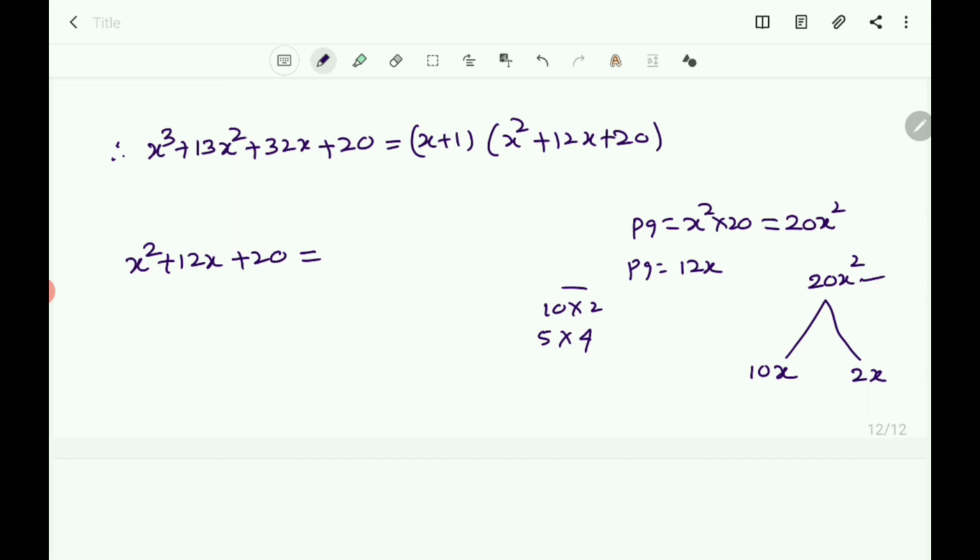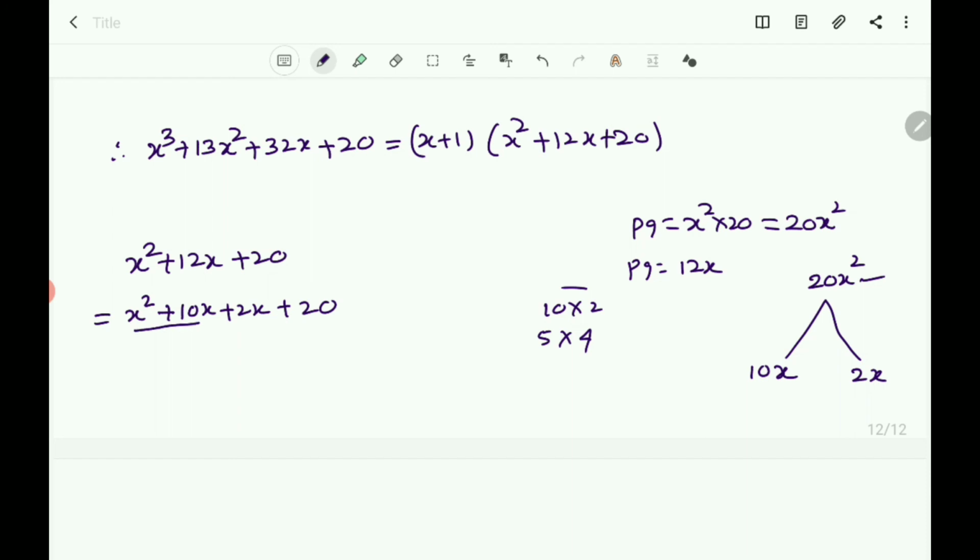So you write that is equal to x square + 12x + 20, where 12x can be written as 10x + 2x, so x square + 10x + 2x + 20. The middle term 12x is written as 10x and 2x. 10 twos are 20, 10 plus 2 is 12. Here the product is positive and the sum is also positive, so both the factors must have positive sign.